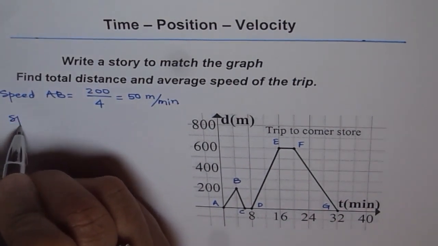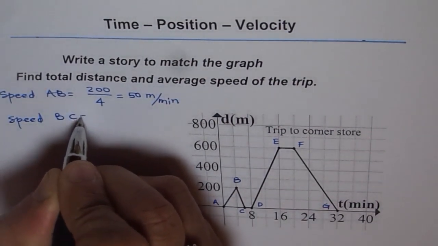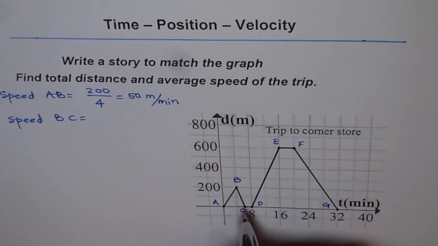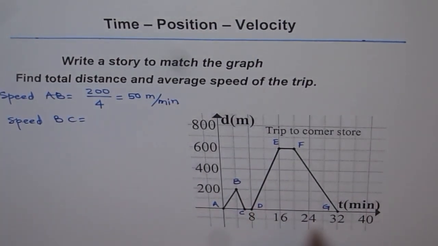So we say speed along BC is actually, we'll write minus and we call it velocity. Velocity is a vector, speed is a scalar, right? So when we say speed, we are normally only concerned with the magnitude and not the direction, right?